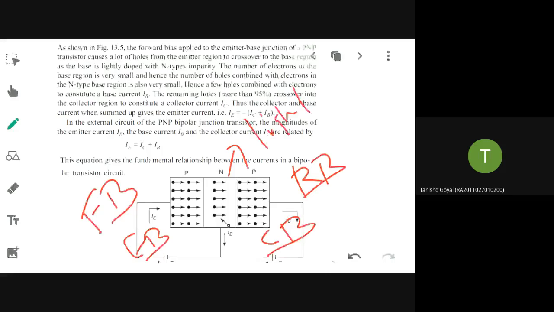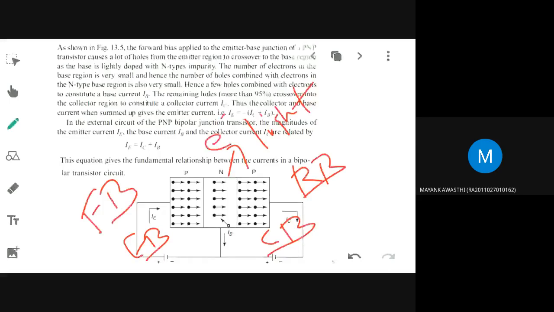So what will be the majority charge carriers for an N layer? And what are the majority charge carriers for a P layer?